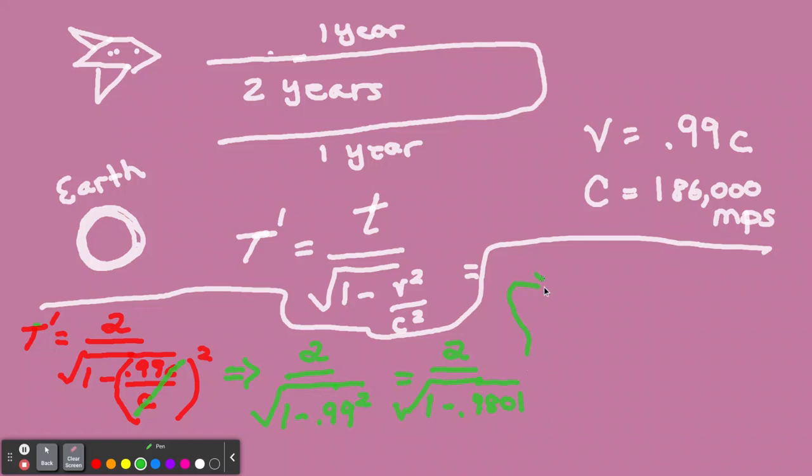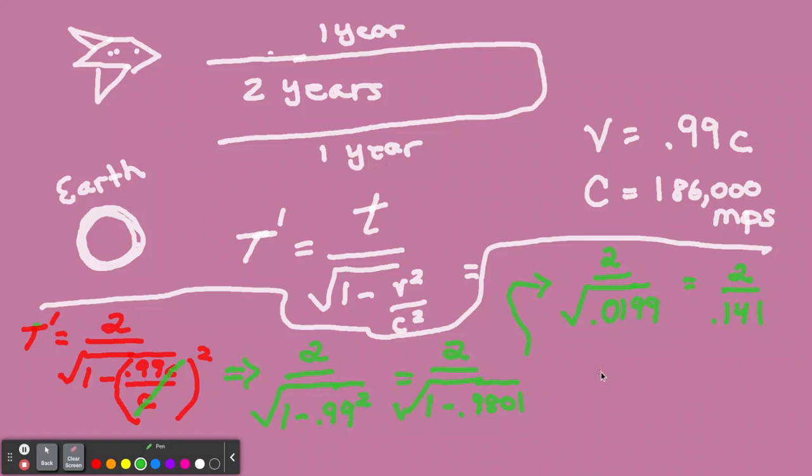I'm going to put an arrow over here. And then we'll have 2 over the square root of, 1 minus 0.9801 will be 0.0199. We've got to get the square root of that, which will give us 2 over 0.141. It's actually more numbers, but we're just estimating.